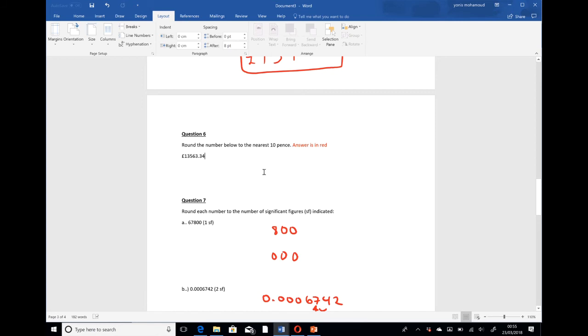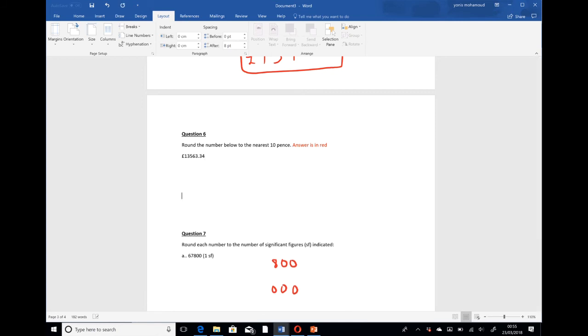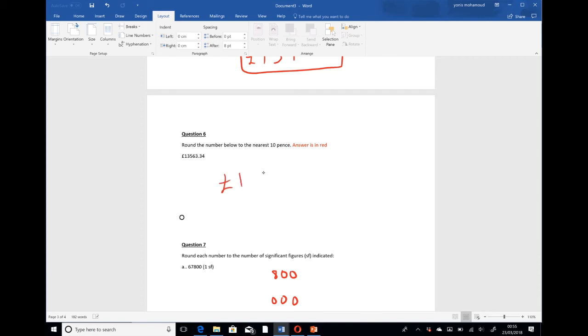Okay, so let's move over to question number 6. So question number 6 asks, round the number below to the nearest 10 pence place. So let me write the number again. So we got 13563.34. As explained in question number 5, the number in the tenths place will be boxed in.